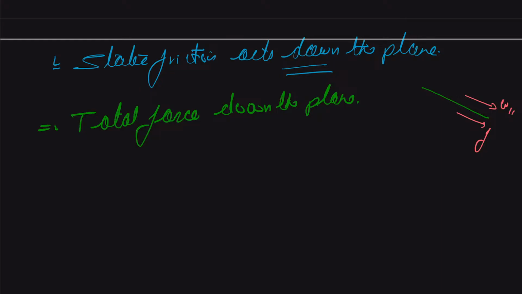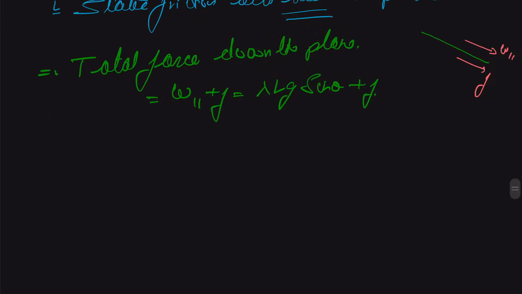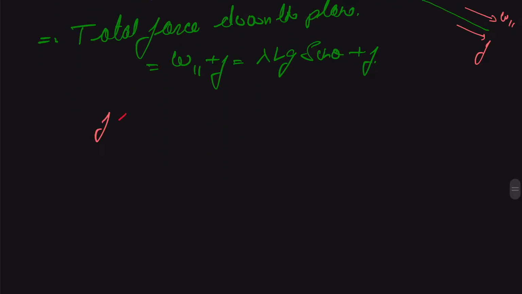Therefore, the total force down the plane will be equal to W parallel plus F, that is lambda L G sine of theta plus F. And we already know that F is greater than 0 and less than mu lambda L G cos of theta.